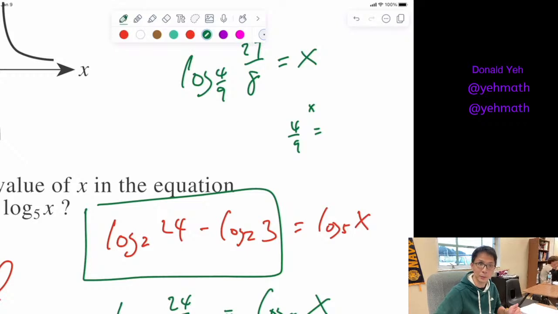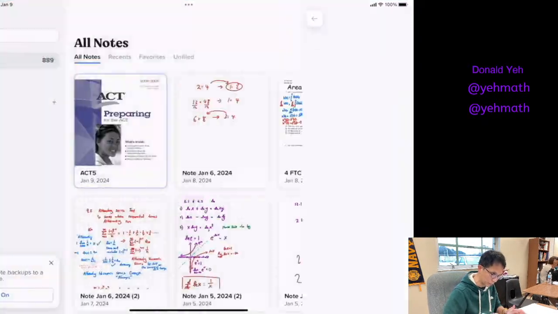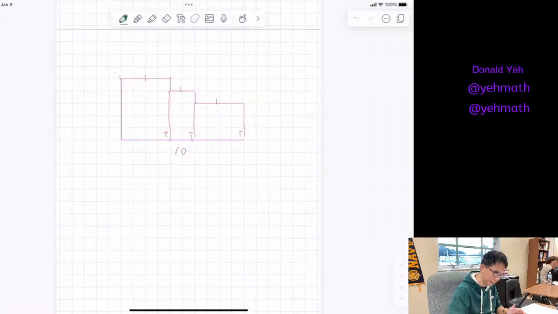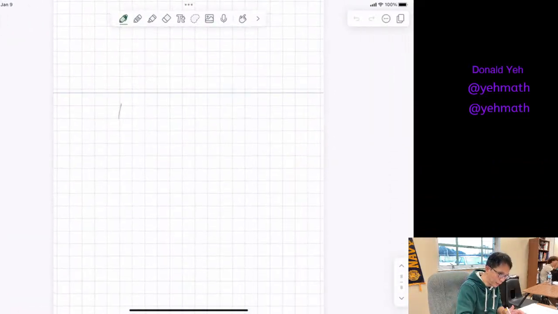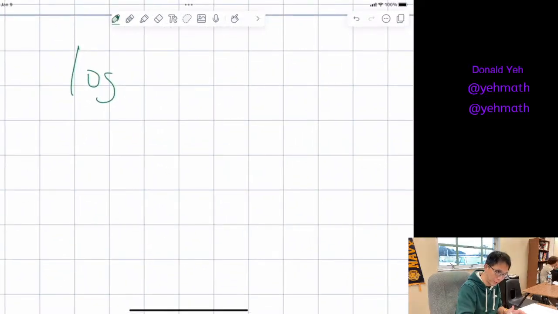So let's open up a new tab here. Can you guys see that? Maybe I should write it thicker.